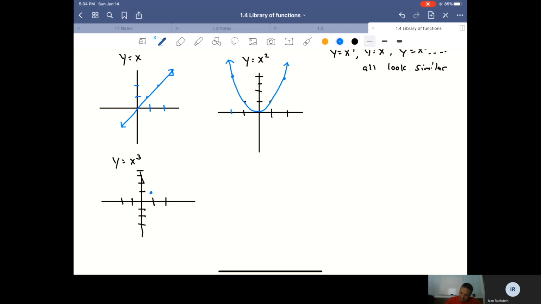Again, 1, 1's on there. Negative 1, negative 1's on there. And then 2, 8 is on there, because 2 cubed is 8. Negative 2, negative 8 is there. So you're going to have a graph that looks like so.